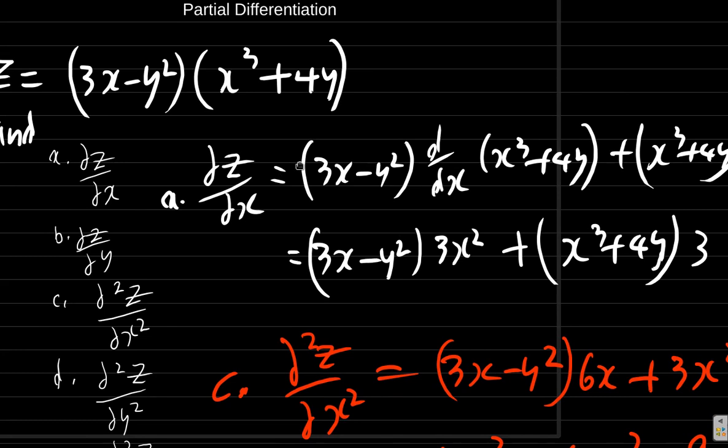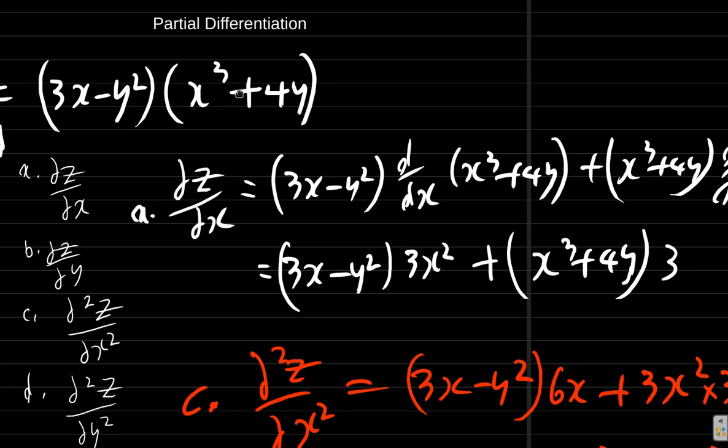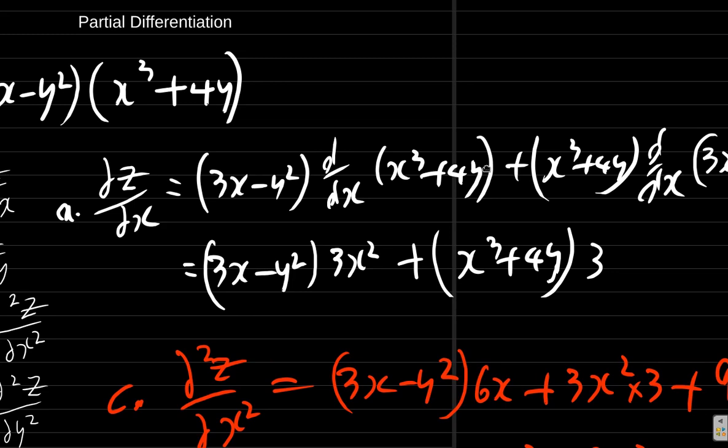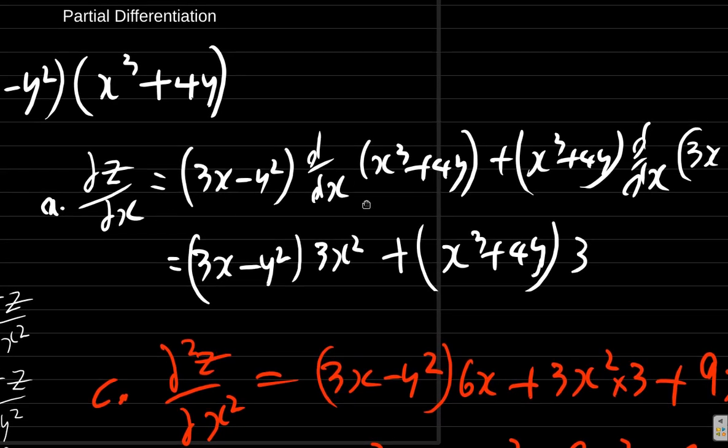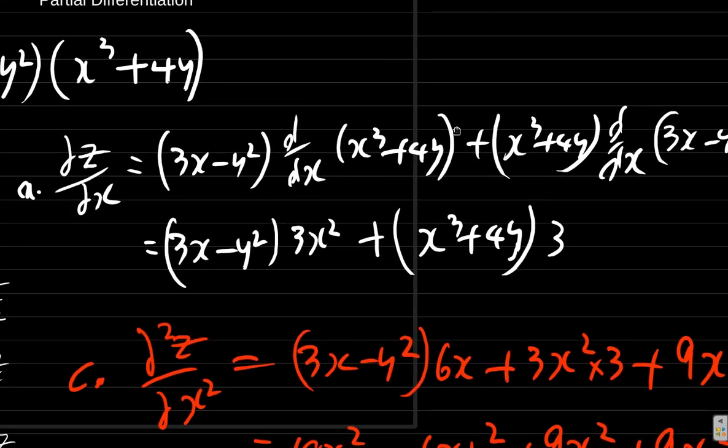So remember what we did. We used the product rule to work this out. Whole 3x minus y squared times the derivative of x cubed plus 4y with respect to x, plus whole x cubed plus 4y times the derivative of 3x minus y squared with respect to x, when we're doing the delta z by delta x.